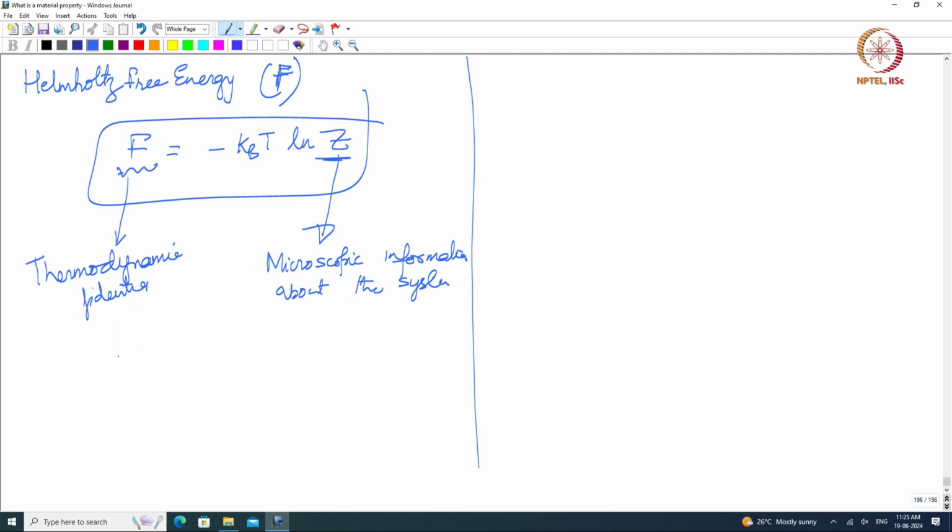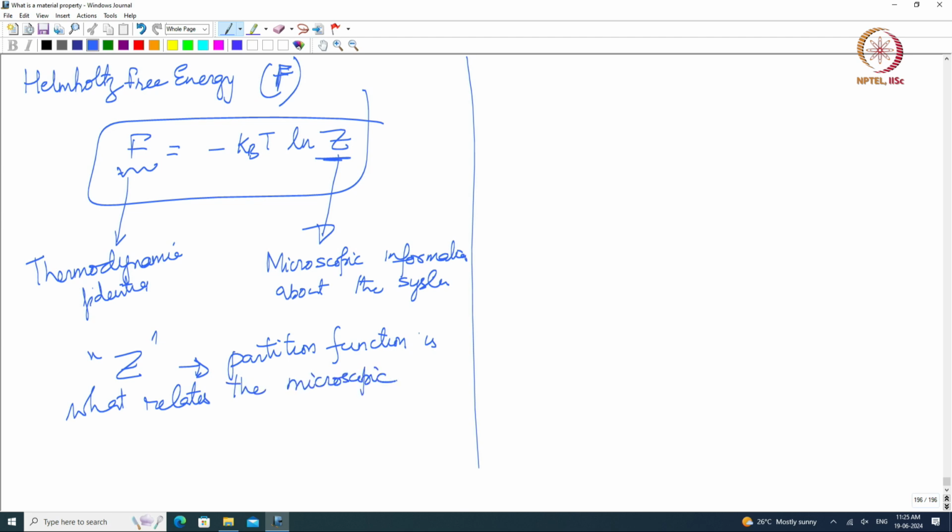So, Z, or the partition function, is what relates the microscopic picture or the statistical mechanics picture to the thermodynamics or thermodynamic potentials.